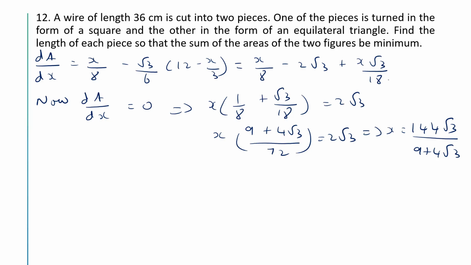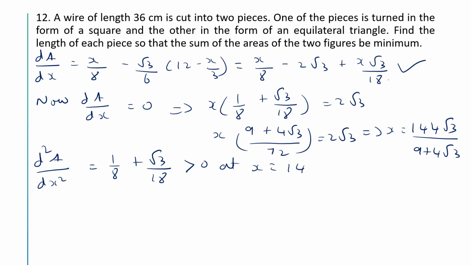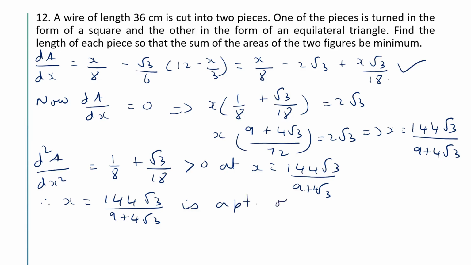Now we will find d square A by dx square. From this we have 1 by 8 plus root 3 by 18, which is greater than 0 at x equal to 144 root 3 by 9 plus 4 root 3. Therefore, x is equal to 144 root 3 by 9 plus 4 root 3 is a point of local minima.